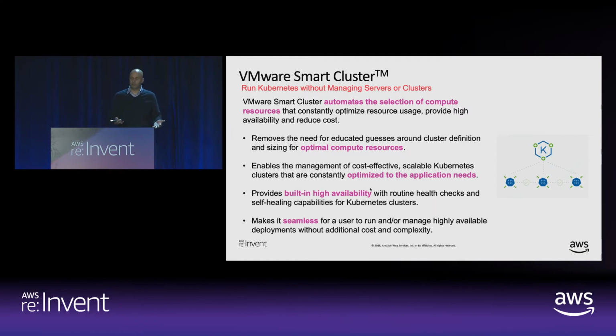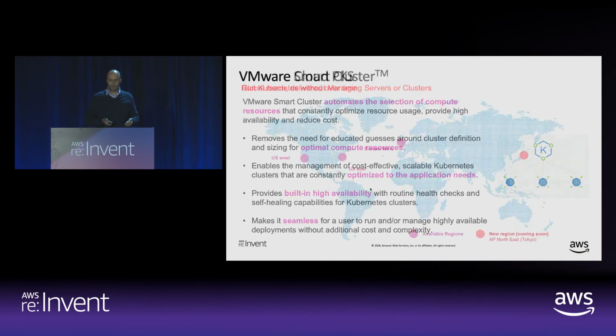And it has high availability built in. So it'll actually do a deployment across multiple availability zones for you, in addition. And it effectively optimizes those resources that it's deploying on. That's a pretty great feature, and we'll show you how that works in the demo. So that's one of the good features that we have on VMware Cloud PKS.